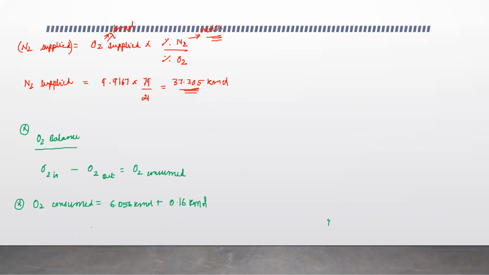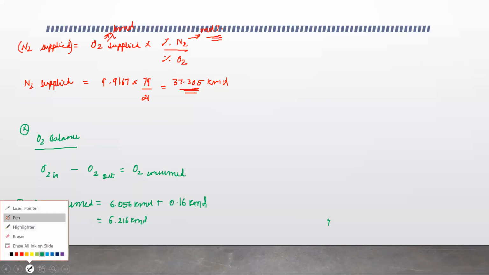So the total oxygen that has been consumed is 6.216 kilomoles. All right. So in the oxygen balance equation, we have oxygen in, we have oxygen consumed, so oxygen out we can get from the balance equation itself.